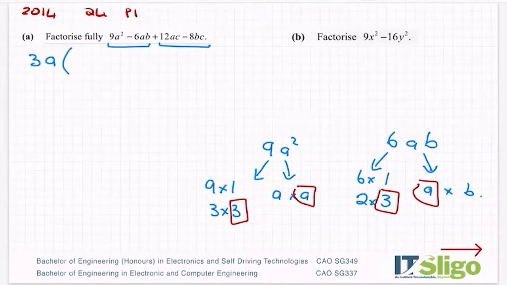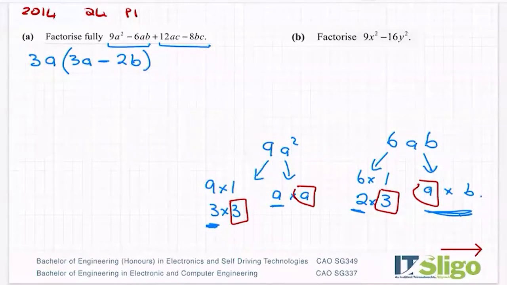And you're going, well, what's left over? Well, there's another 3 on the 9 because 3 3s are 9, and there's another A. Okay, then the minus, the factors of 6, well, the 3 is on the outside, so the other factor is 2, and the factors of AB are A by B, with the A on the outside, and there's the B. Okay, so that's what it means to take out the highest common factor, or to do grouping, because grouping is taking out the highest common factor, it's just you do it twice.